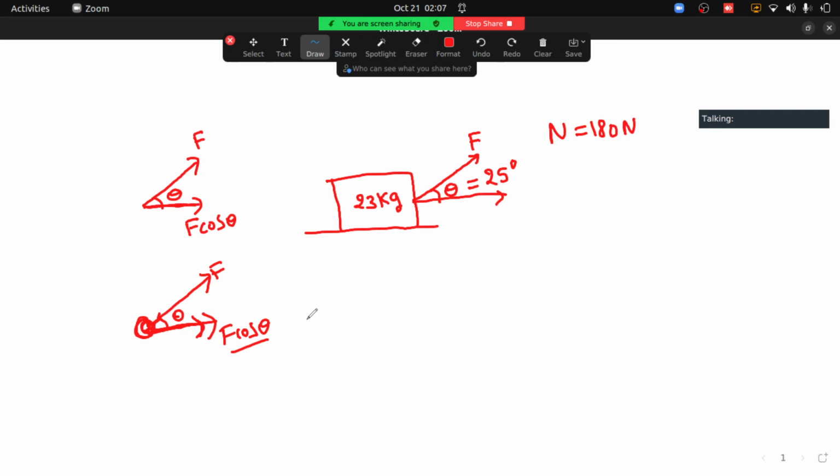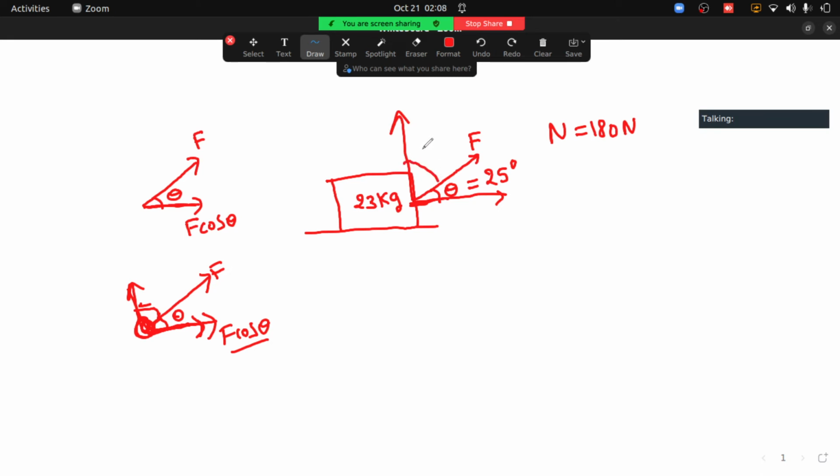So the effect of force along this direction is F cos theta. If these two are 90 degrees, perpendicular to each other, and this horizontal angle is 25 degrees, what would be this value theta?